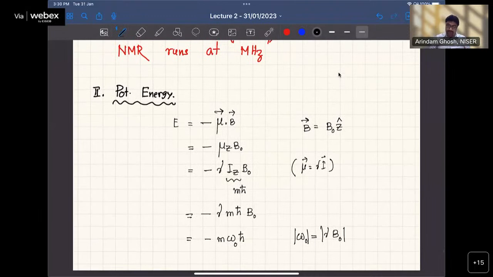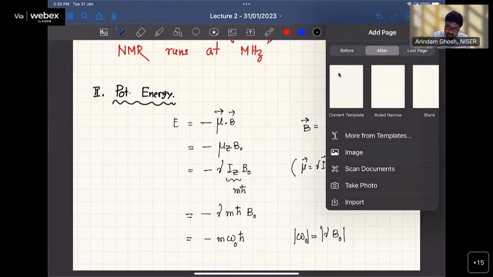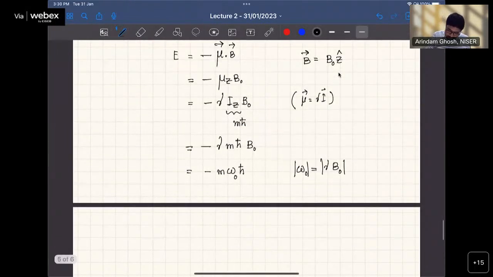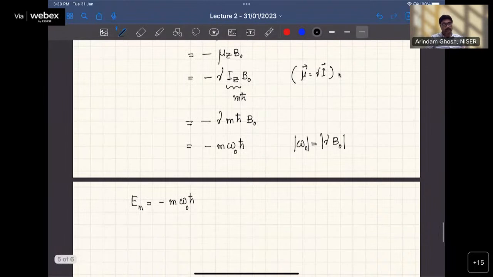So now we have the E that is depending upon m. That is why we often write E as a function of m, and that is minus m omega 0 h cross. That gives the two levels. So m can only take two values, because it's a spin half nucleus like proton or carbon 13.